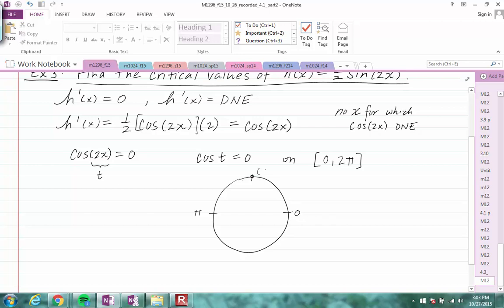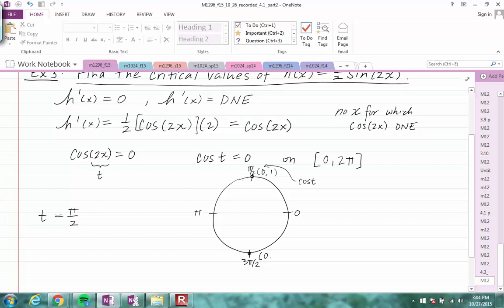That's going to happen at pi over 2, because at pi over 2 we have the coordinates 0, 1, and cosine is the x-coordinate. So for t, pi over 2 is going to be one of the solutions. Now the other place where the x-coordinate is 0 is down here at 3 pi over 2.